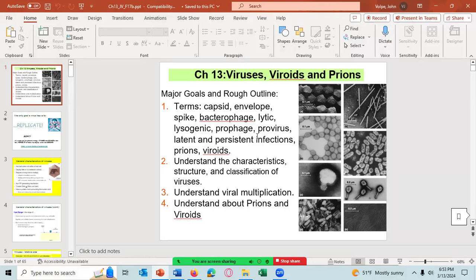Chapter 13 is viruses, viroids, and prions. Let me just say you should know what viroids are and what prions are. You should know how prions reproduce, and that is they're a protein. How they reproduce is they go up to a normal cellular protein and then cause that protein to transform into the prion protein.